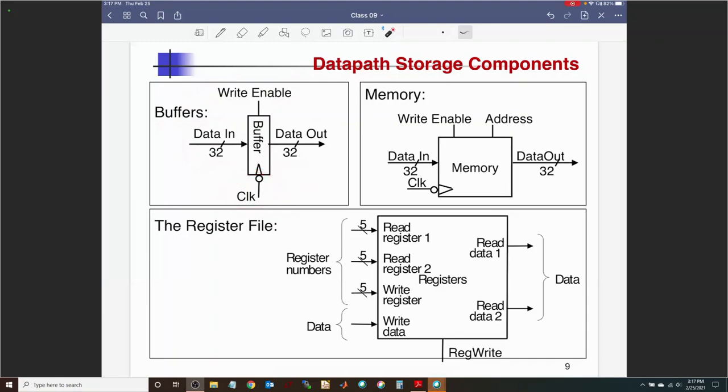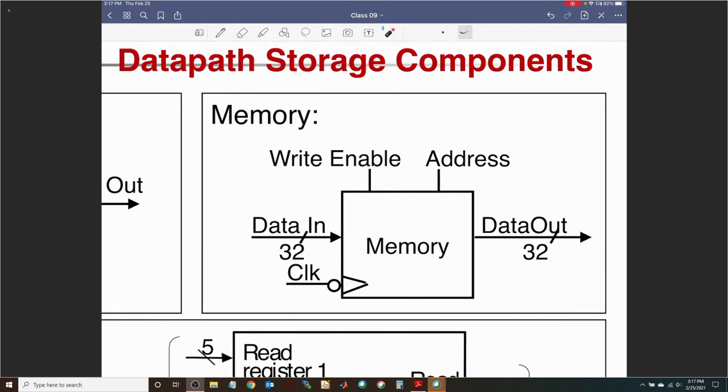Next, memory. Memory itself is clocked because you want to be able to write or read from memory in a clocked sense, in a time synchronized sense. You can't just do that asynchronously. We have a write enable that can be used to write data into the memory.